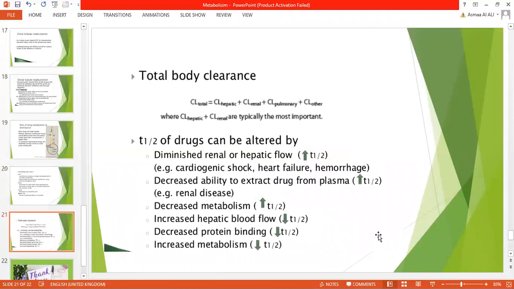Total body clearance. Total body or systemic clearance, which is CL total, is the summation of the clearance from the various drug metabolism and drug elimination organs. The kidney is often the major organ of excretion. However, the liver also contributes to drug loss through metabolism and or excretion into the bile.